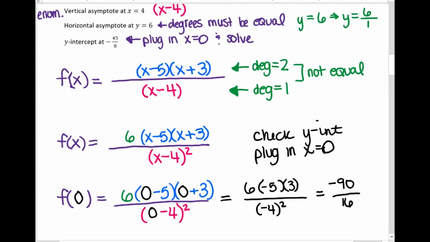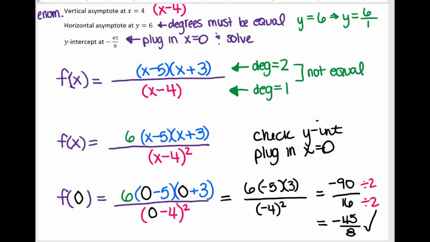And you may be thinking to yourself, great, so we messed up somewhere. That is not the negative 45 over 8 we were supposed to get. But remember, you always want to simplify your fractions. Both the numerator and denominator are divisible by 2 as a GCF, or you could just use your calculator. Do the simplification, convert back to a fraction. We wind up with that negative 45 over 8 that we were looking for.